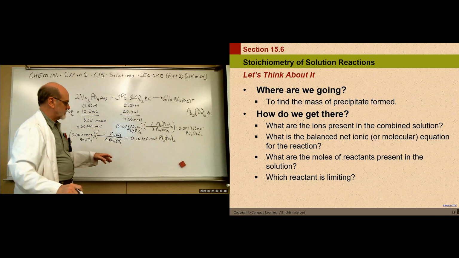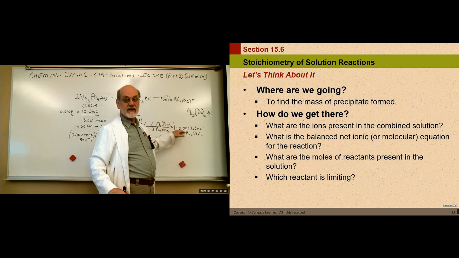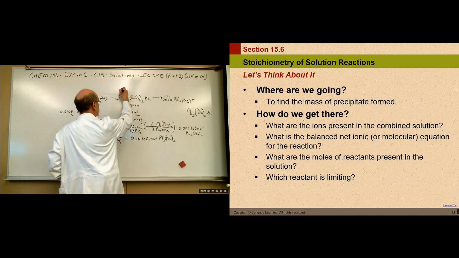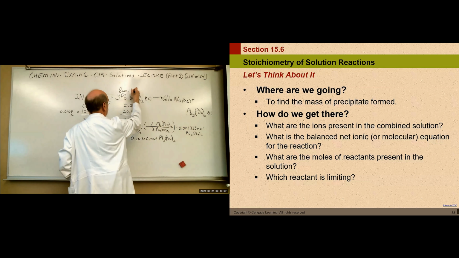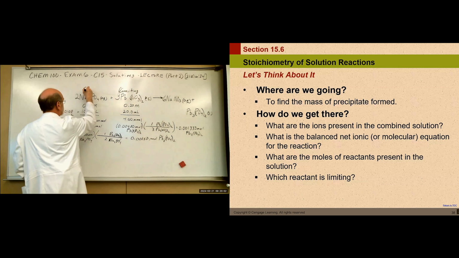Which one is limiting? This one produces 0.0015. This is 0.0013. This reactant produces a smaller amount of product. That means this one is limiting, and this one is excess.